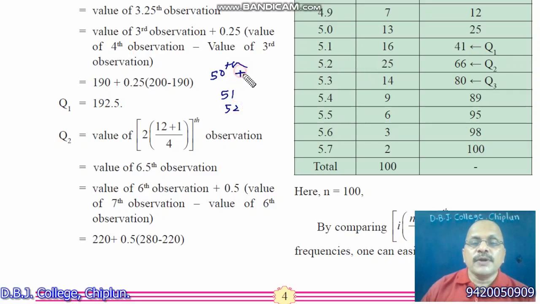So the 50th plus 0.5 times (51st minus 50th observation): these two numbers are the same, therefore only the 50th observation is required, and it is 5.2. Hence Q2 is 5.2 and Q3 is 5.3.